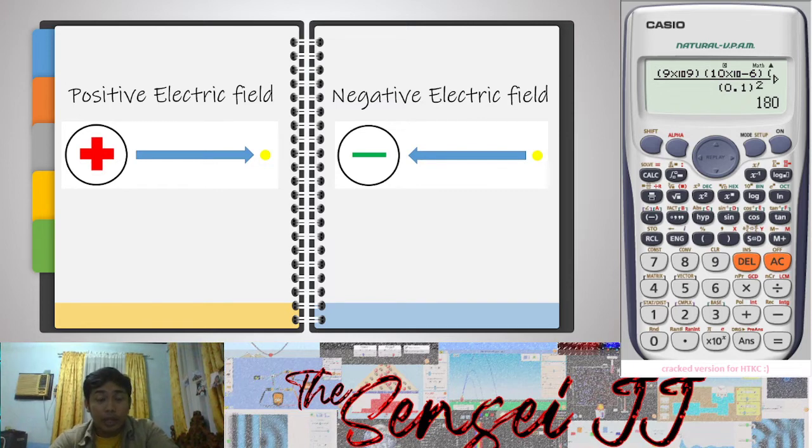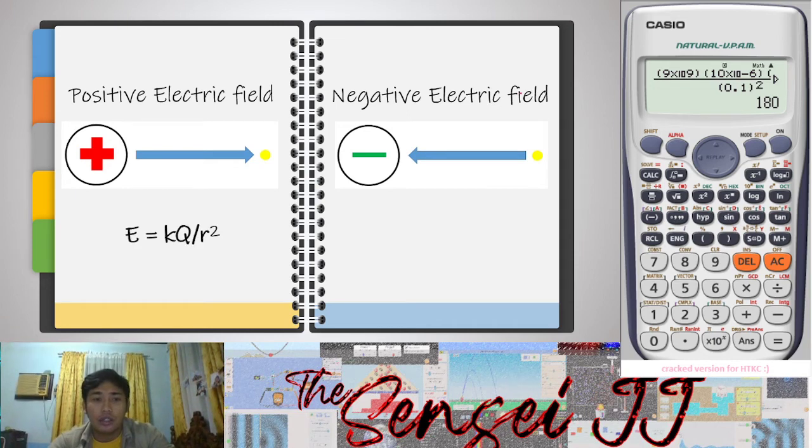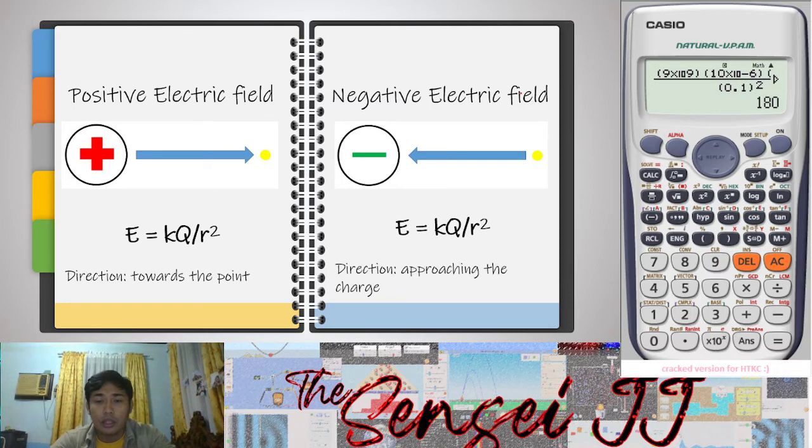So siguro naman kanina napansin niyo, guys, yung electrical charge na place natin dun sa ating electric field, the direction of all the particles is moving towards our negative charge. So we have E is equal to kQ over r squared towards the point, and E is equal to kQ over r squared pa rin, approaching the charge naman tayo for the positive and the negative charge.